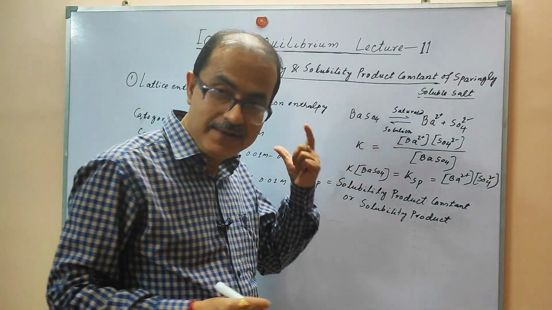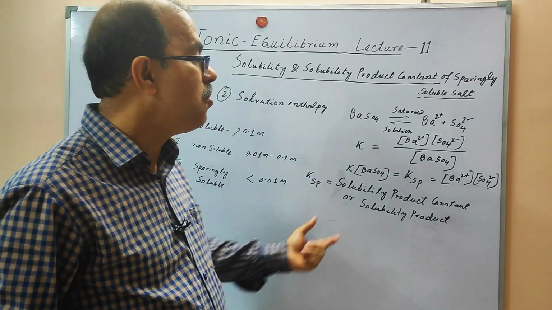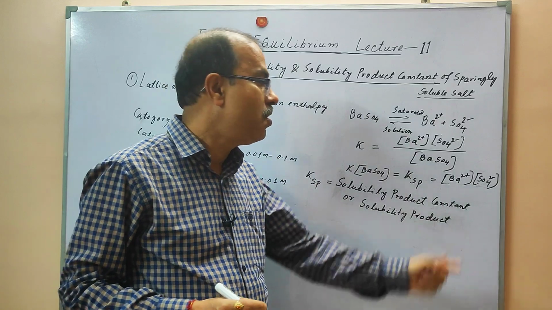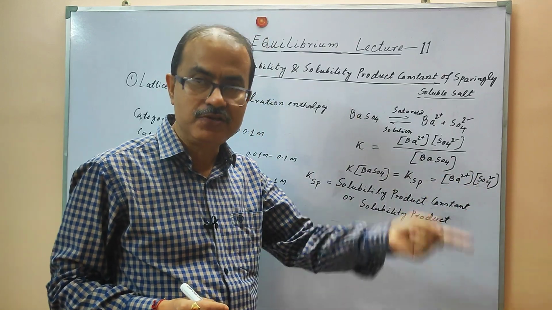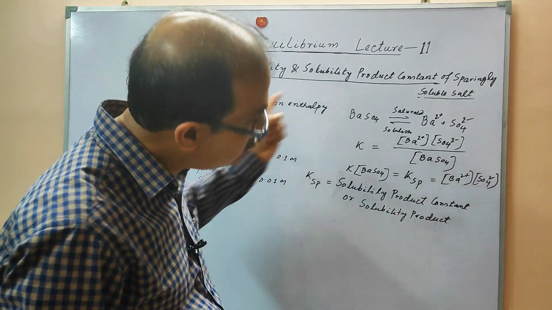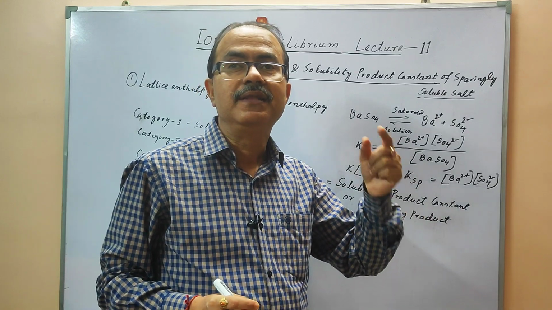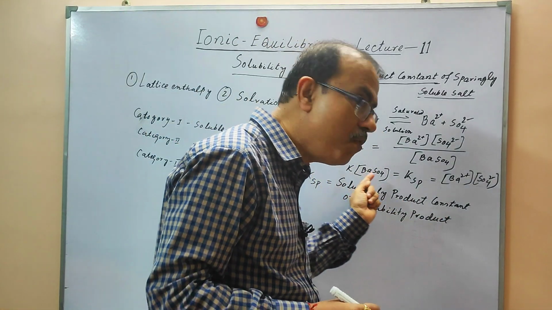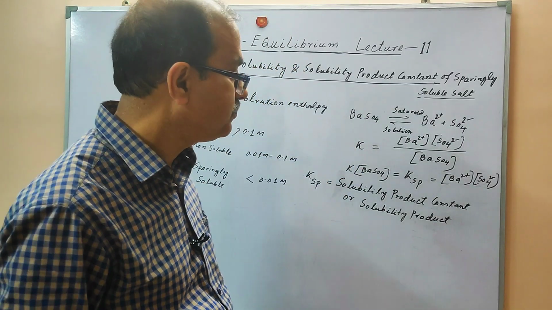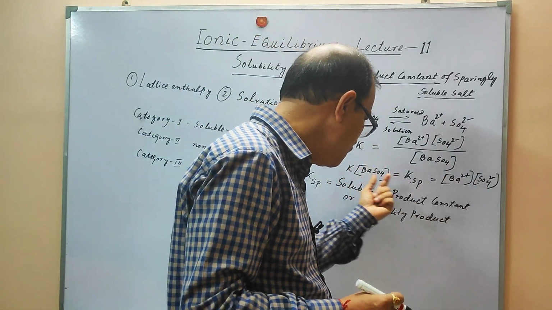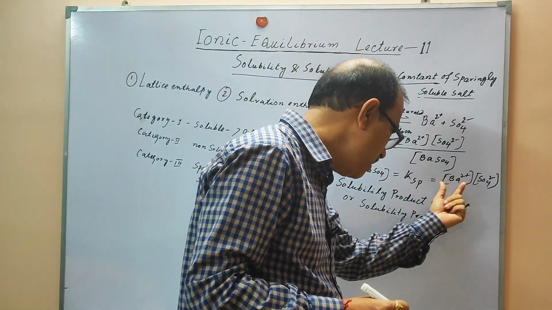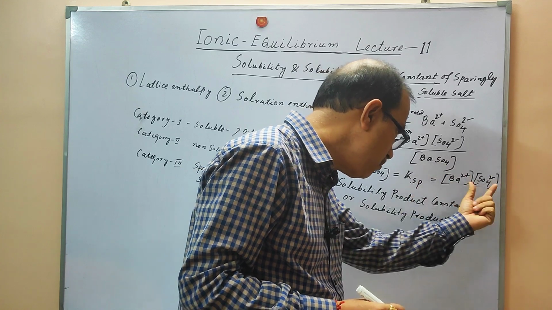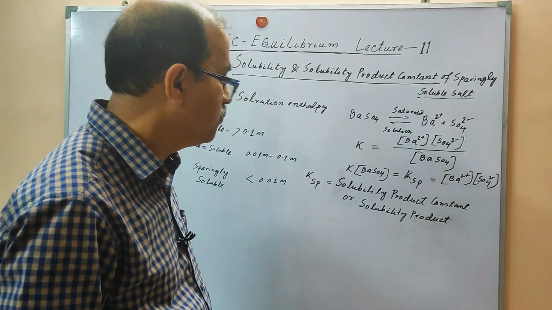So at a given temperature, the product of the molar concentration of these ions in the saturated solution is raised to the power of the number of ions produced from one molecule. See here, only one Ba2+ ion and one SO4 2- ion are produced.